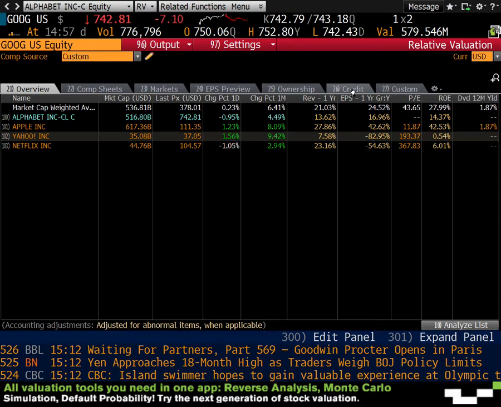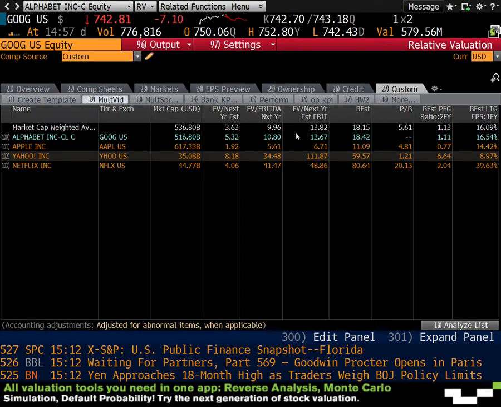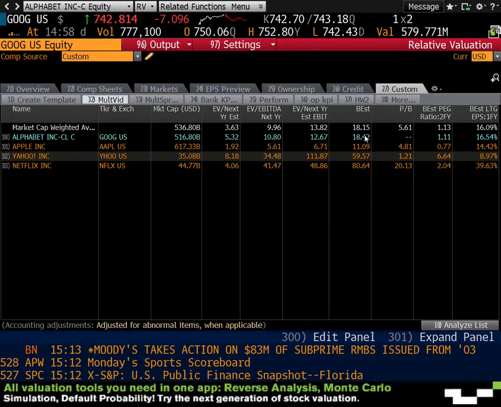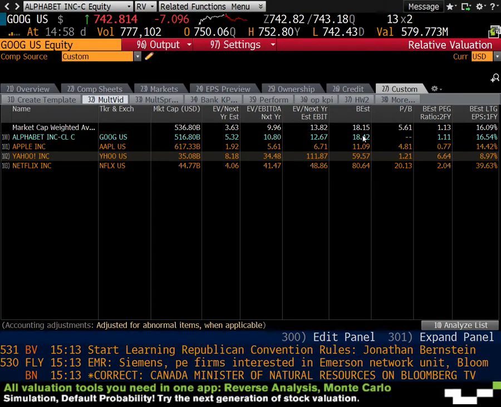It doesn't mean that Apple is bad because Apple is trading at a PE of 11 and Google's trading at a PE of 18.4. What it means is they have different levels of growth and spread. Apple is not growing, and with no growth, this great return gets them a PE of 11.